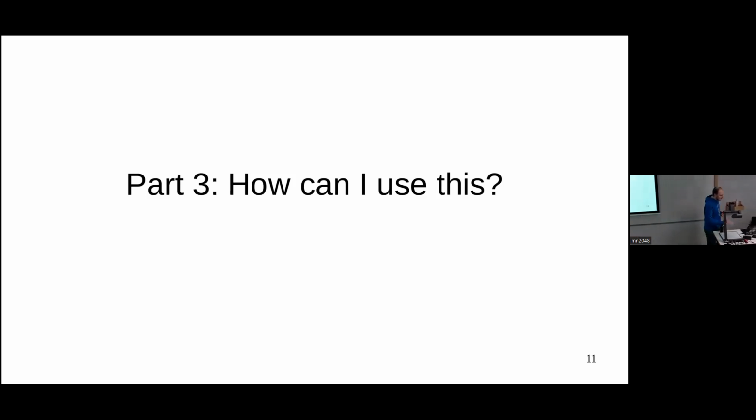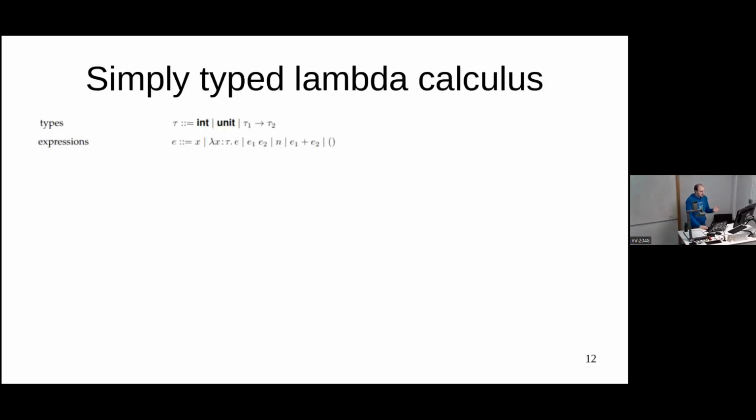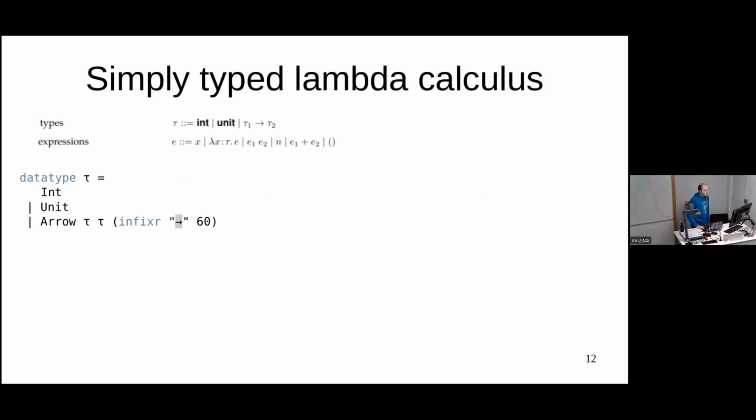So how do I actually use it? Let's go back to simplified lambda calculus. I just took these definitions from a lecture slide, so this is something you will see in a normal paper. You saw this earlier when I explained what a binder is. And now we want to translate this to Isabelle, where we can then do formal reasoning on this.